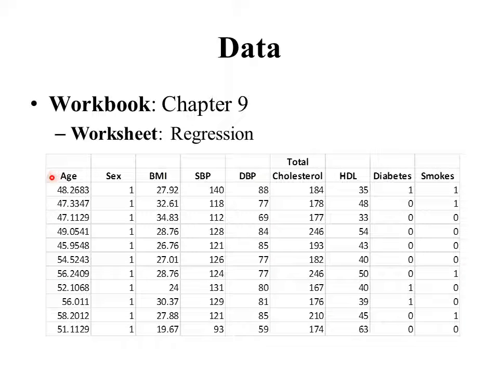For each person we have their age in years, their sex, 1 meaning male, 0 female, and then a lot of other information: BMI, body mass index, systolic blood pressure, diastolic blood pressure, total cholesterol, HDL cholesterol, diabetes, where 1 means that the person has diabetes, 0 does not. Smokes, 1 means that the person does smoke, 0 means that the person does not smoke.